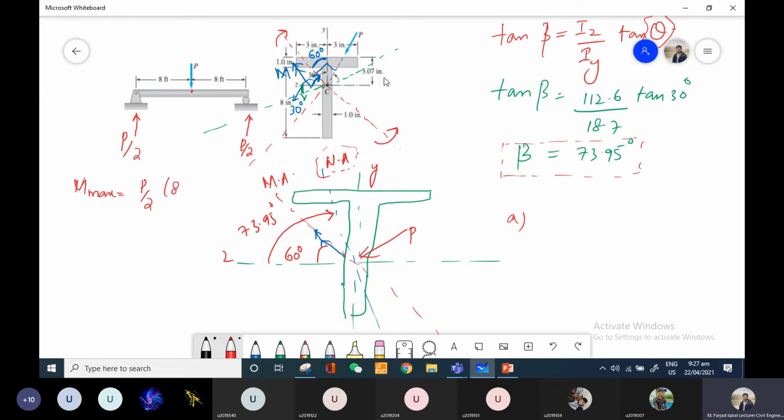Over here, all units are given in inches, so I will convert this 8 feet into inches as well. So this will give me the value as 48P kips inch. So this is the maximum moment. Now, what will be the direction of maximum moment with respect to this centroidal axis? We discussed yesterday how to figure out the directions.